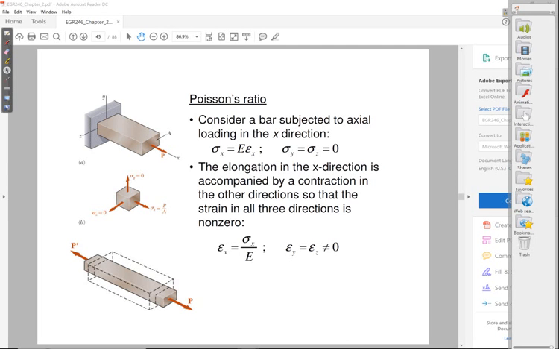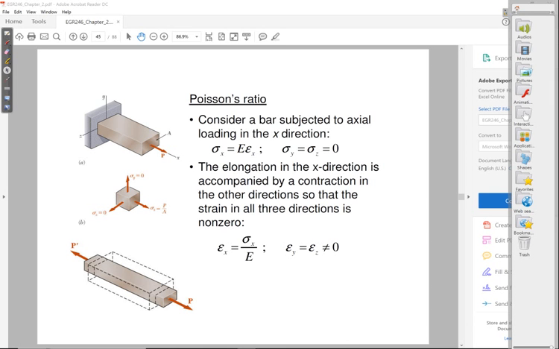So in the case of this shrinkage in the lateral direction, what people have found is that the amount of shrinkage, or it could also be an amount of expansion if you were to compress your part in the axial direction. So the amount of change in the dimensions of the lateral directions is also a material property. And this property is referred to as Poisson's ratio.